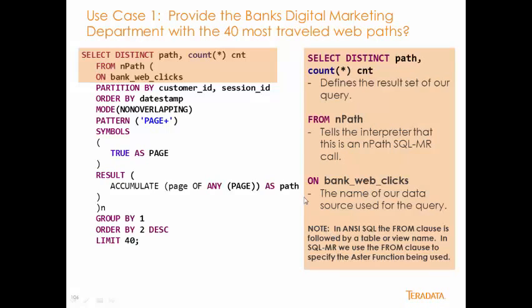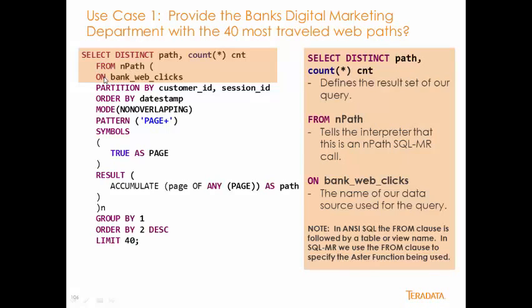If you're an ANSI SQL person, you would think this is kind of strange, but select distinct path and the count would all be normal. From nPath is where this gets kind of odd for you. Instead of a table name or a view name or a data object name, we're calling one of our SQL MapReduce functions in Aster.